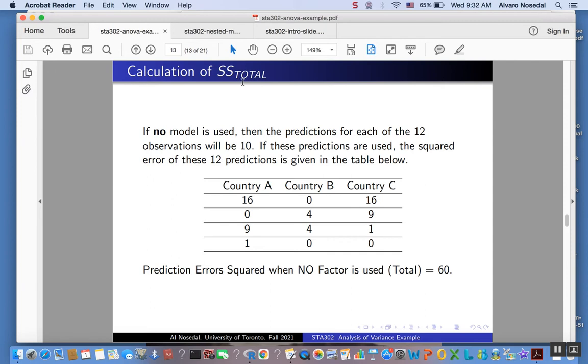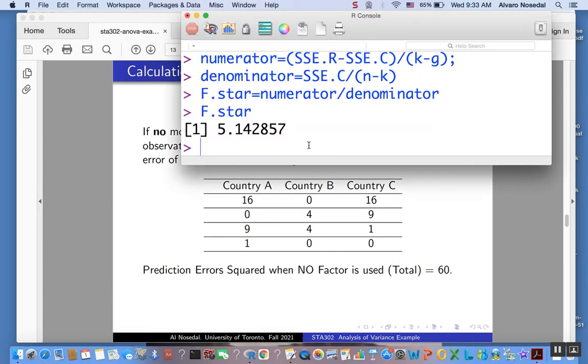Sum of squares total. If you use no model, meaning you just use the sample mean for all 12 observations as your prediction, that is going to be the sum of squares total. Let me show you something.